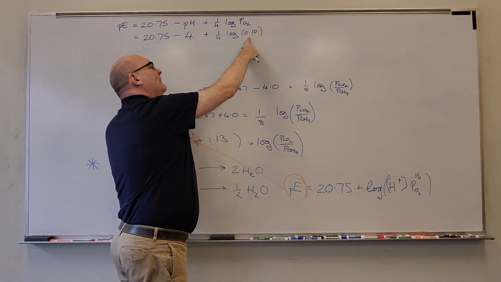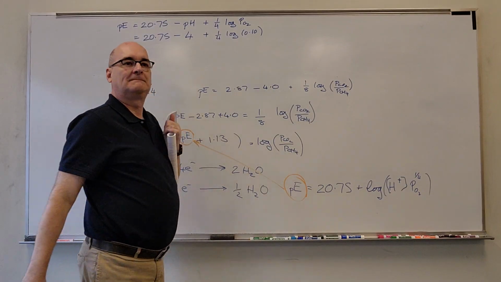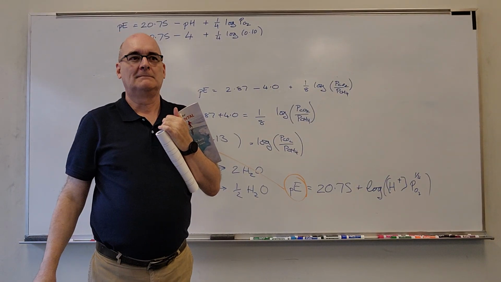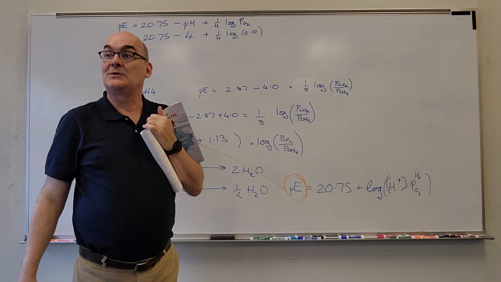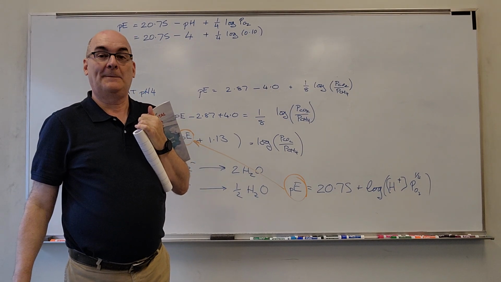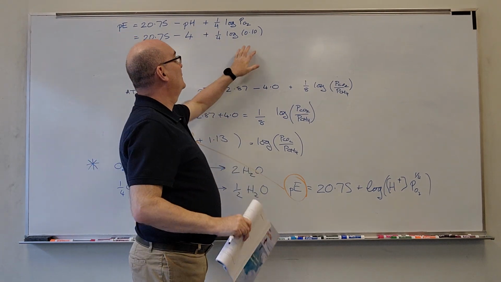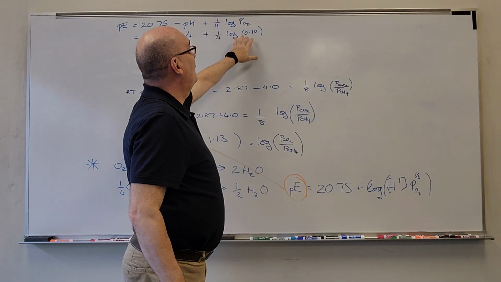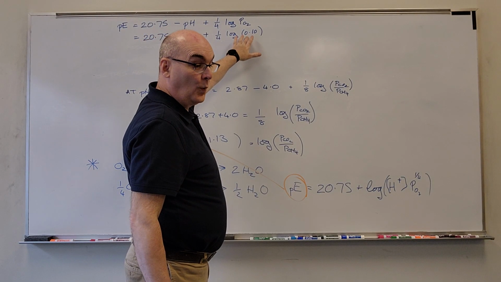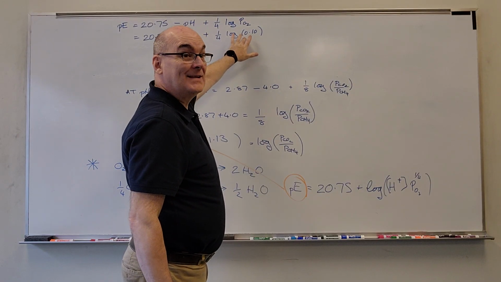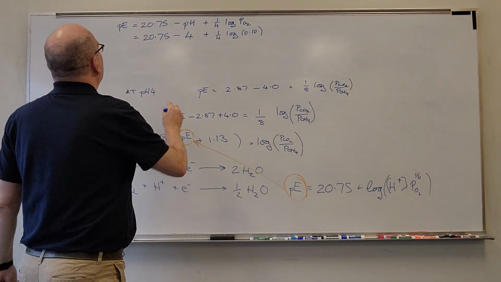What's the log of 0.1? It's minus 1. How many zeros are there? Yeah, it's minus. So the log of 1 is 0. The log of 10 is 1. The log of 1/10 is -1.